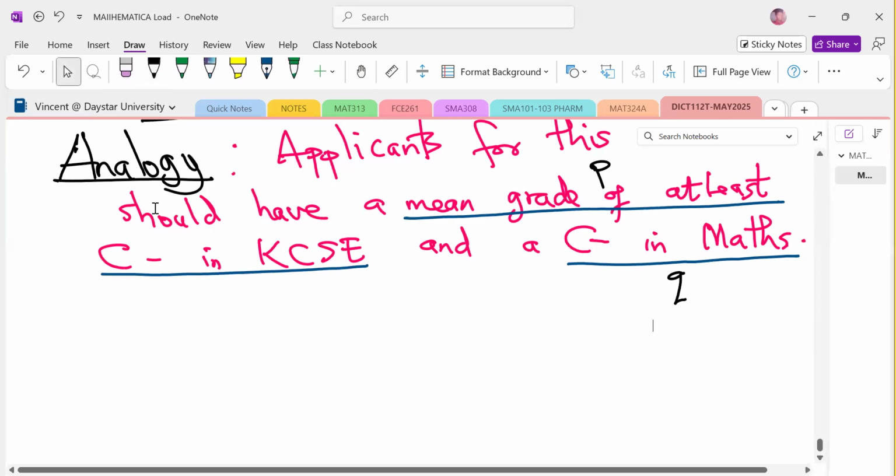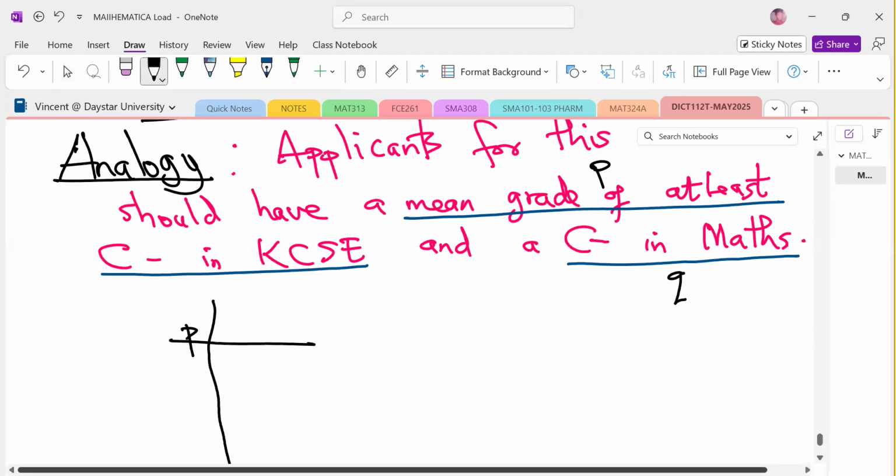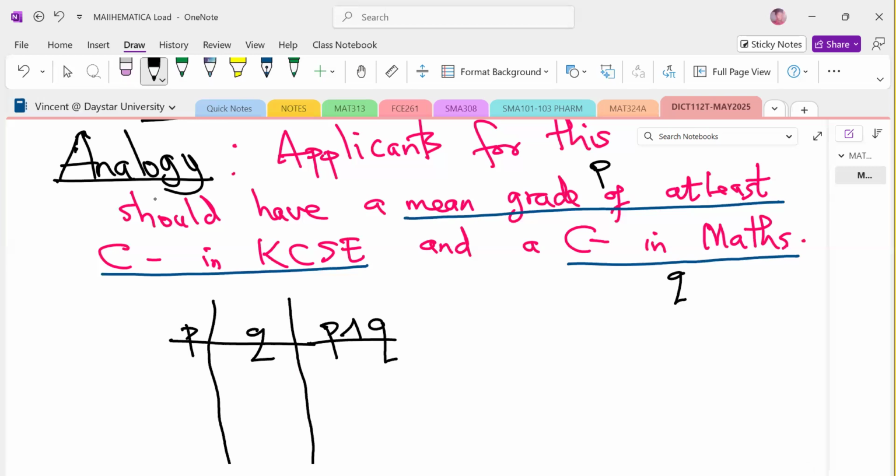So now we draw this table. We'll have P, we have Q, and then we have the statement P and Q. But how many rows do we expect to have in this table? From our previous discussion, if I have two statements, then I'm supposed to have how many rows? 4, 2 power 2, correct.